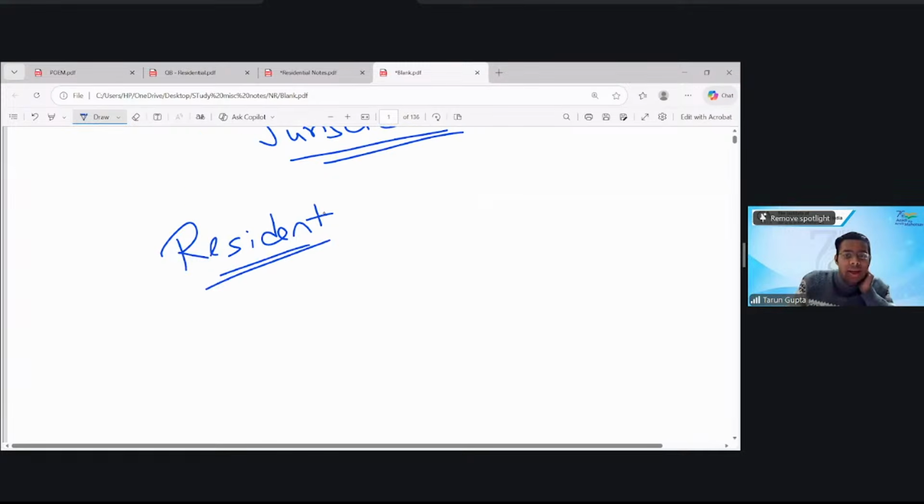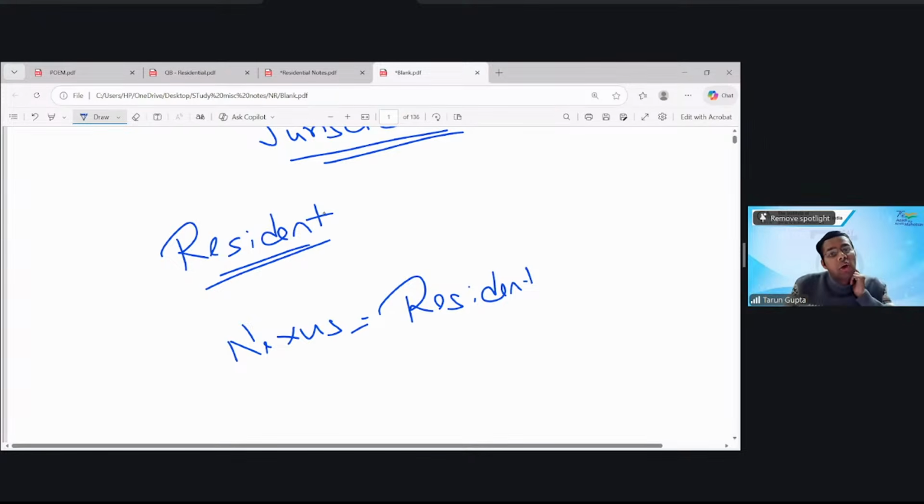So firstly, the nexus is built on a resident. What the law says is, if you are resident in India, then your global income is taxable. I am not concerned whether you're deriving income from India or from outside India.